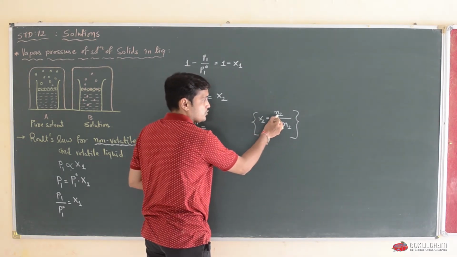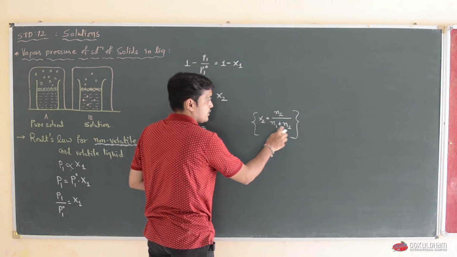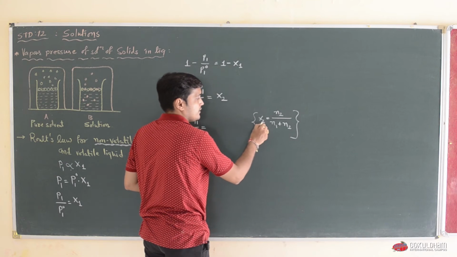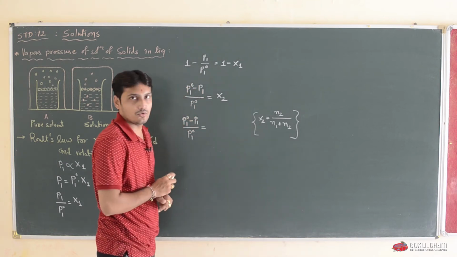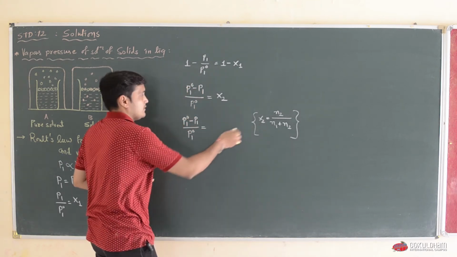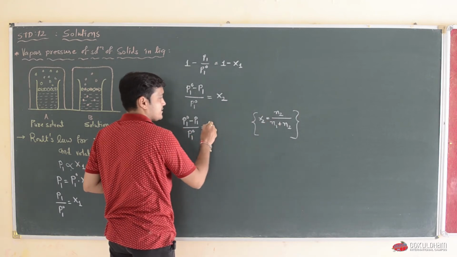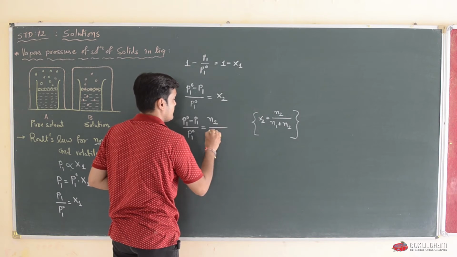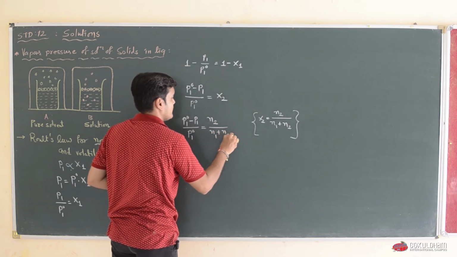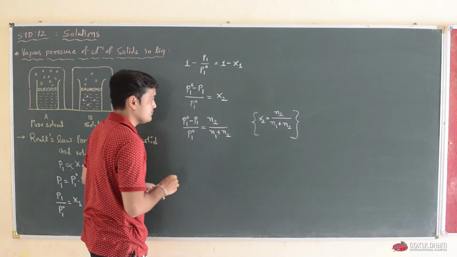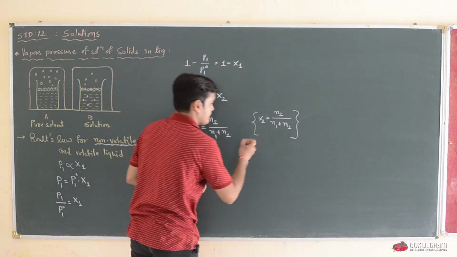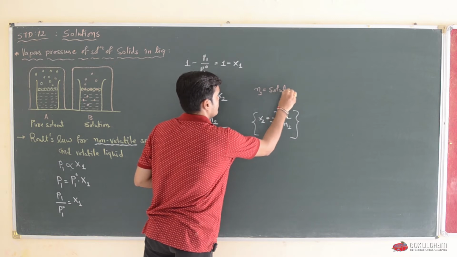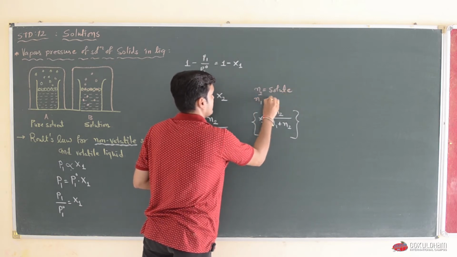The moles of solute upon total moles of solvent and solute is known as mole fraction of component 2. This is replaced by x2, that is n2 upon n1 plus n2. n2 is for solute and n1 is for solvent.